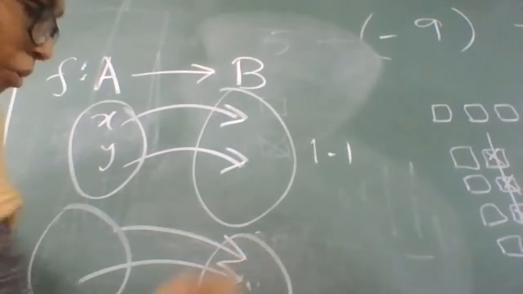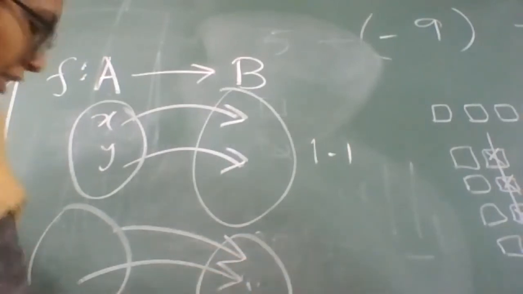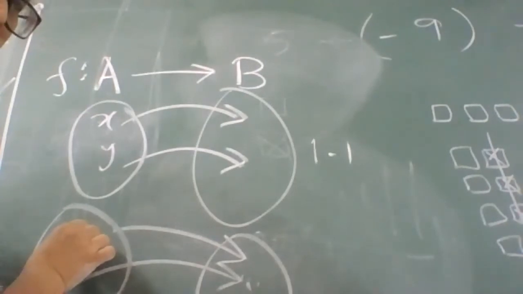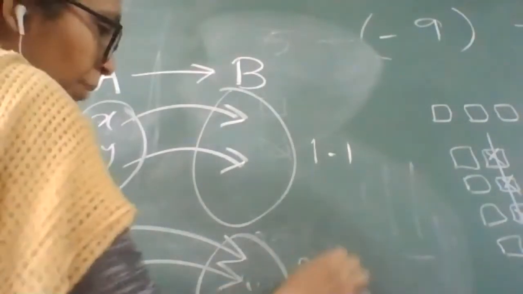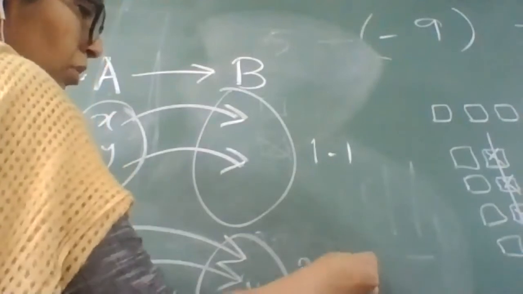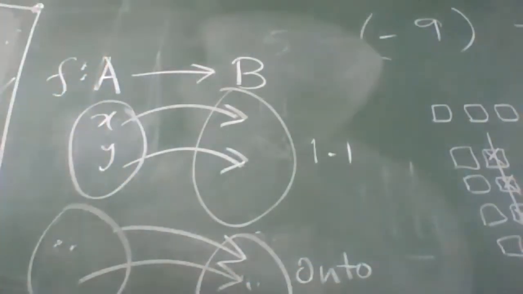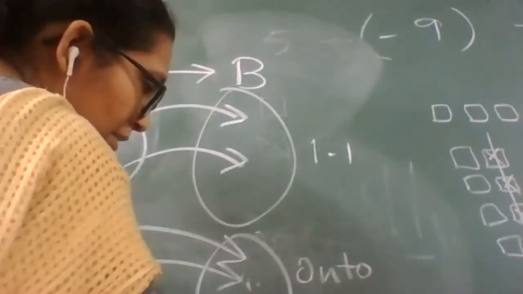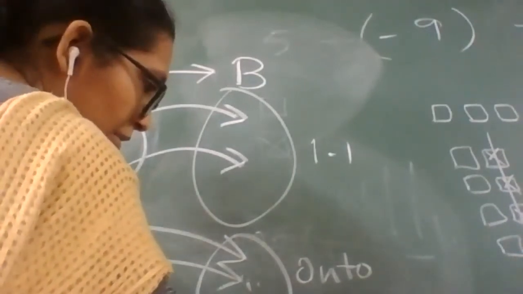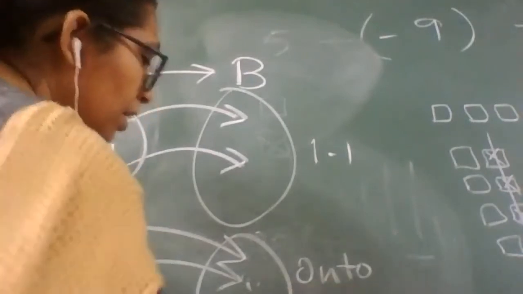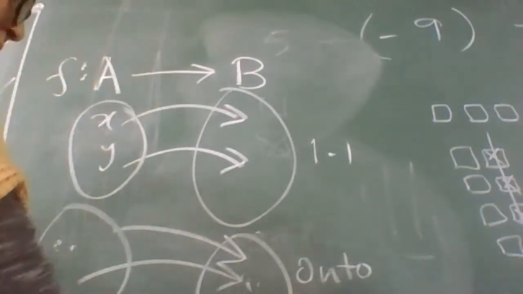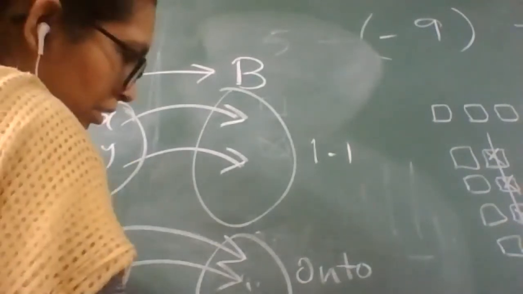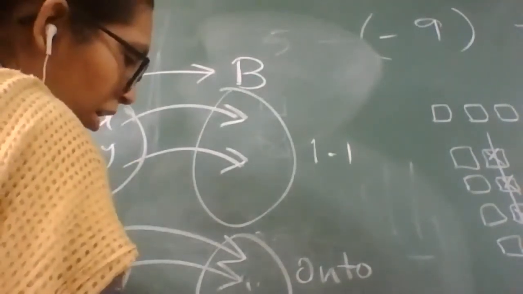So there is nobody here who doesn't have a pre-image here. So that is the onto part. If you think of this as all squares, let's again take the square example. Let's say this is all integers.